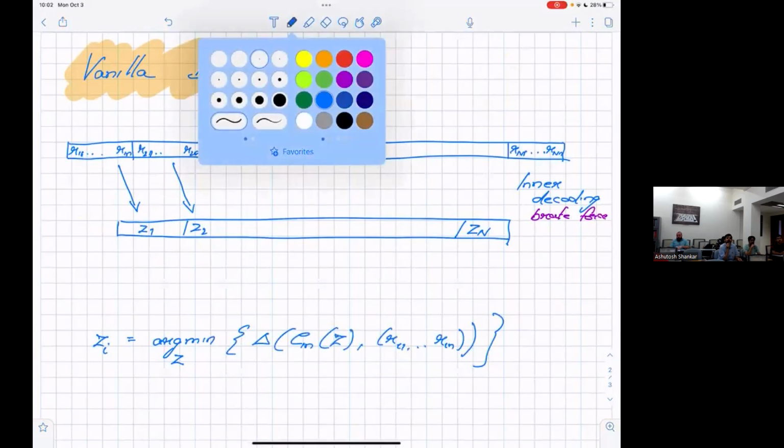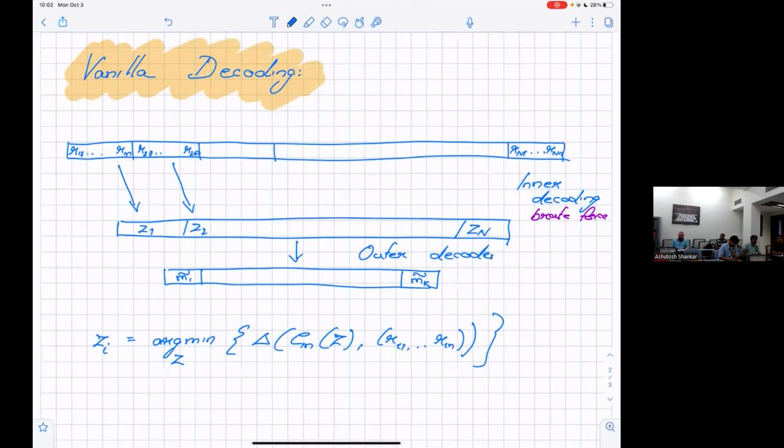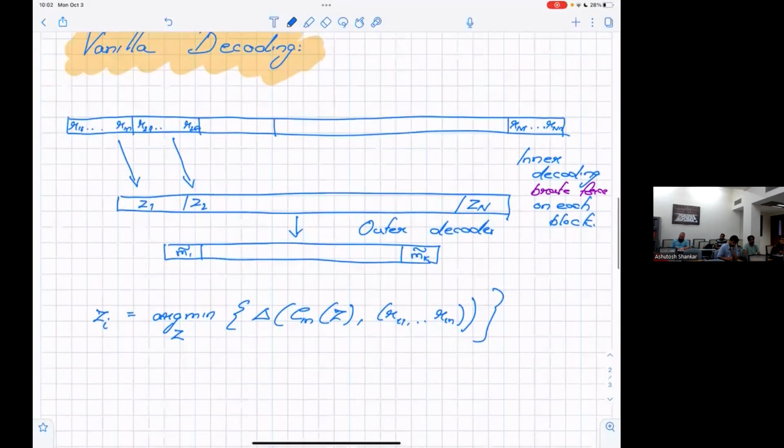And then the idea is, of course, to use an outer decoder to get M1 tilde up to MK tilde. So we apply the inner decoder on each block. That's the most natural thing to do, and let's see what the performance of this is.